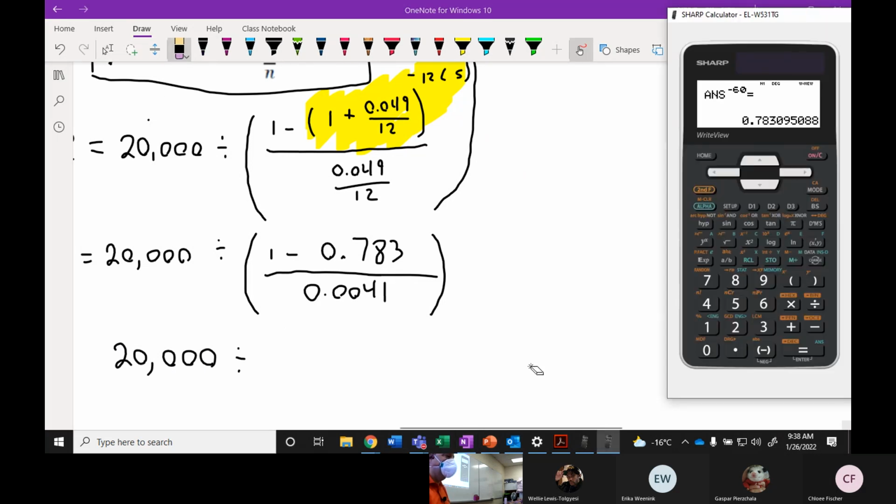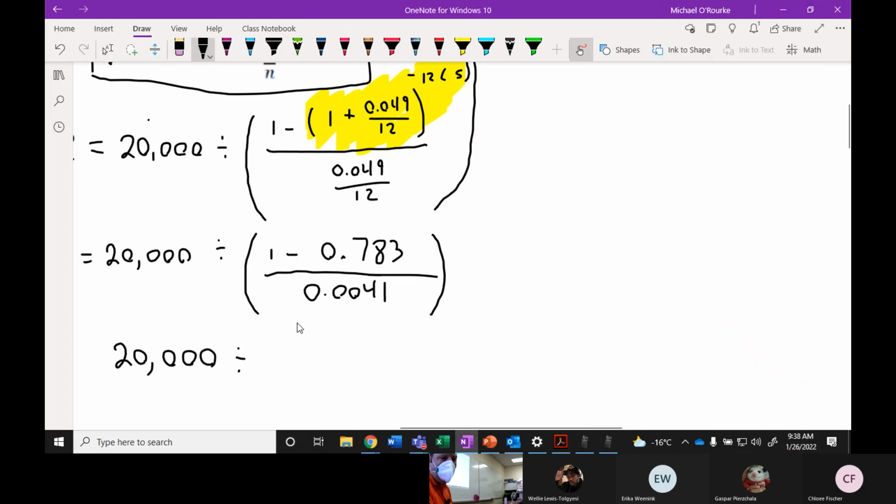Then what I'm going to do is I'm going to do 1 minus this number. So 1 minus 0.783. Press equal. And then divide it by this number. Divided by 0.0041. That's going to give me my number right here, 52.93.